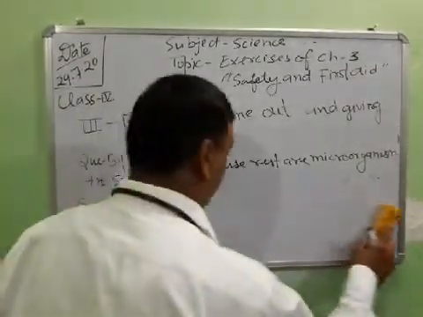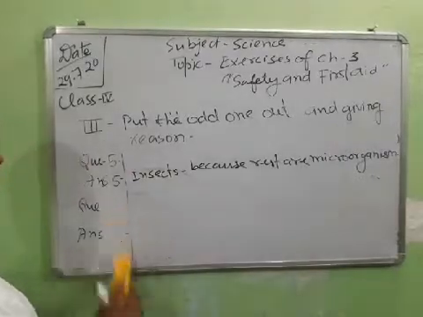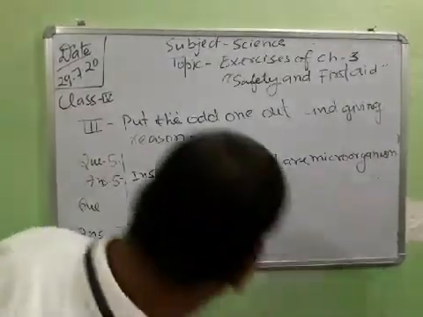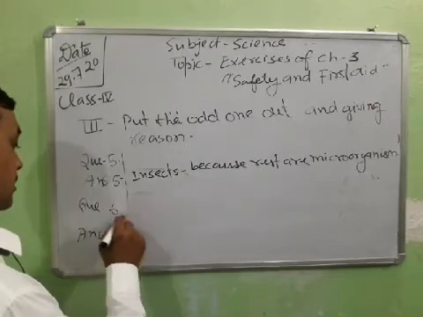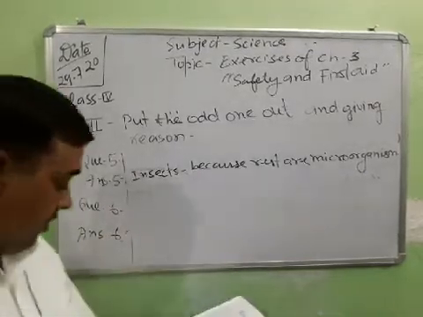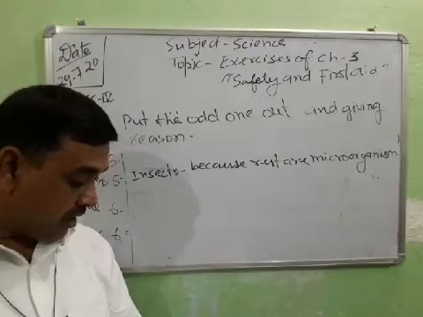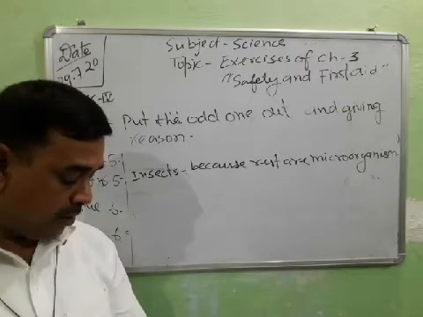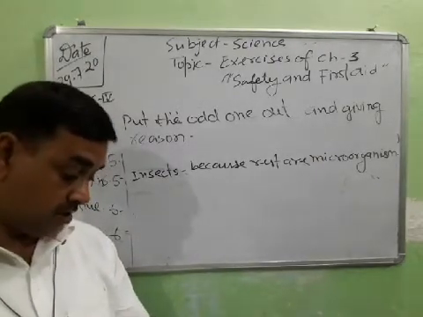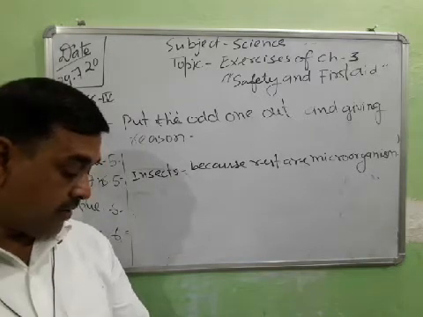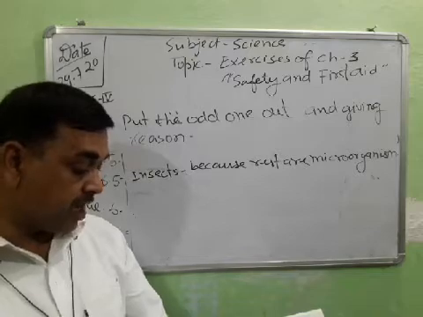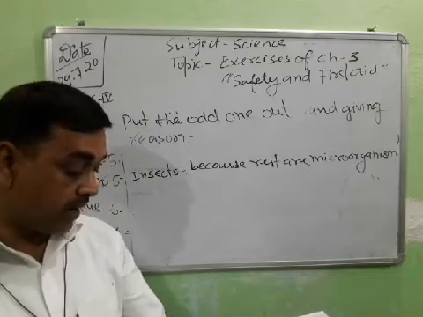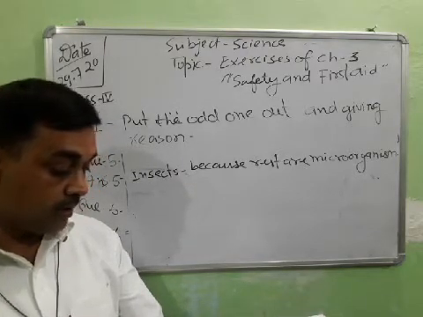I am going to erase answer number 4. Question number 6, write down, and answer number 6. Question number 6 is influenza, dysentery, polio, smallpox. These are all diseases. Influenza is caused by a virus, dysentery by protozoa, polio by a virus, smallpox also by a virus.